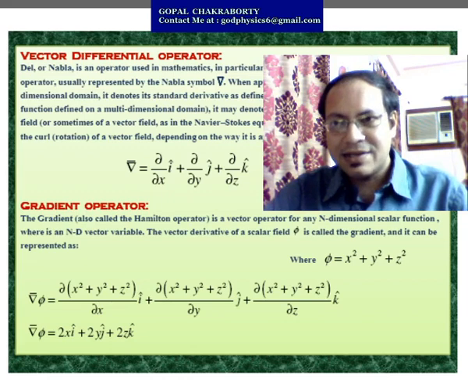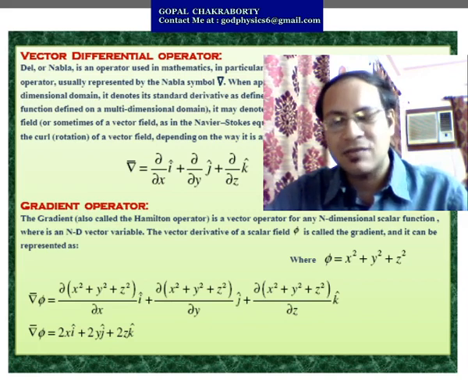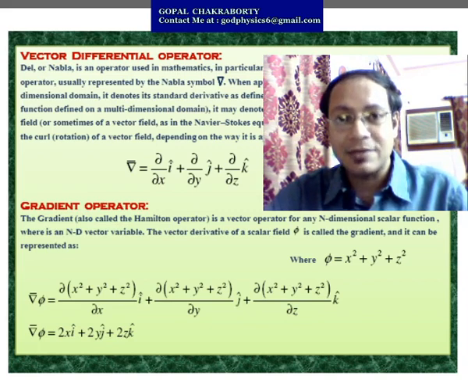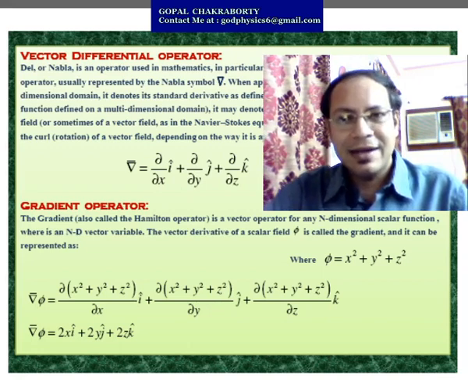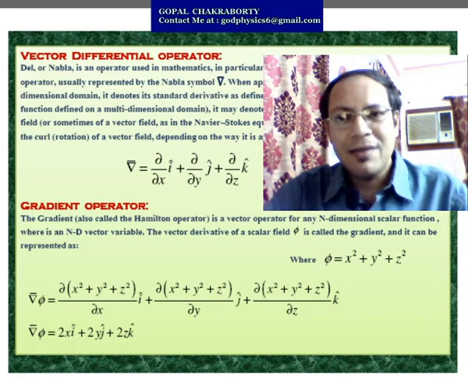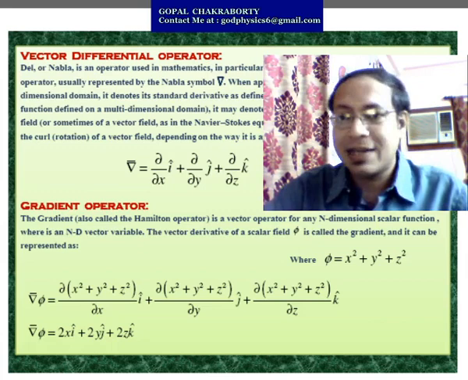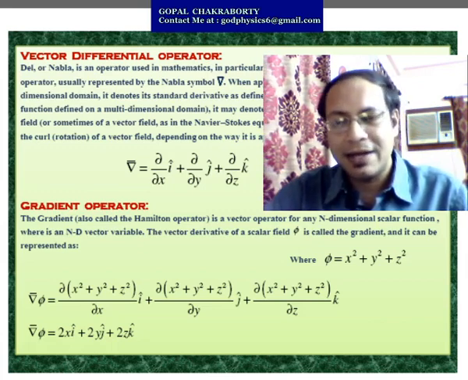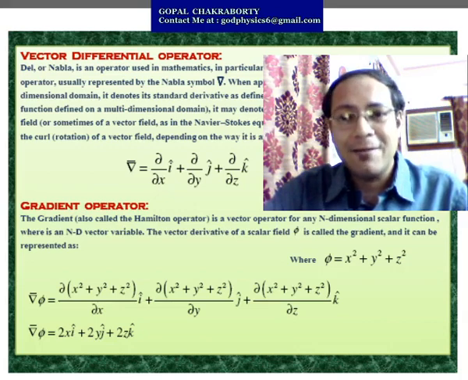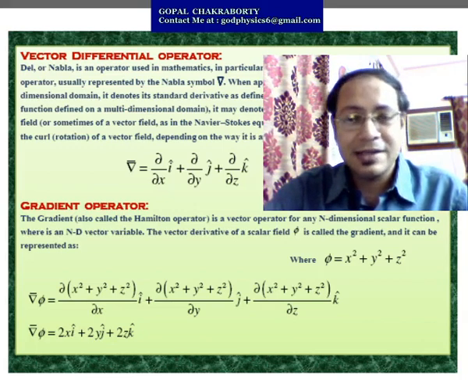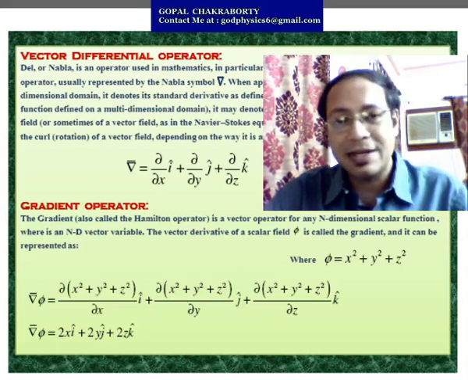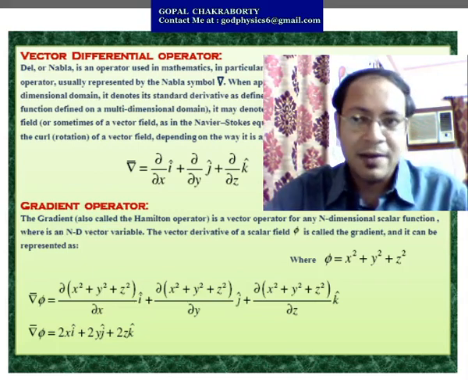It is better to understand with a simple problem. Let us consider phi as a scalar quantity whose value is x square plus y square plus z square, as I have considered here. Now apply the del vector differential operator over that scalar quantity phi. You operate ∂/∂x i cap plus ∂/∂y j cap plus ∂/∂z k cap over phi. So there is the derivative ∂/∂x of x square plus y square plus z square with i cap, plus ∂/∂y of x square plus y square plus z square with j cap, plus ∂/∂z of x square plus y square plus z square with k cap.